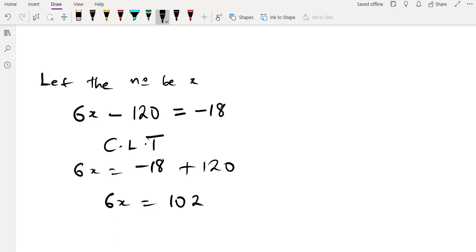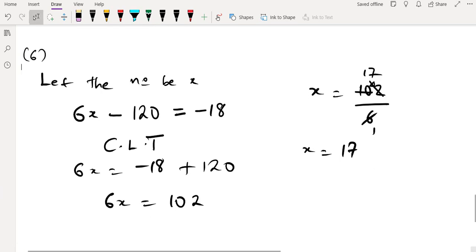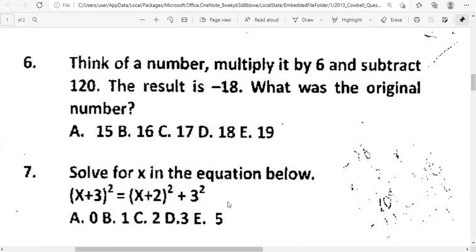Divided by 6, x equals 17. So the number must be 17.